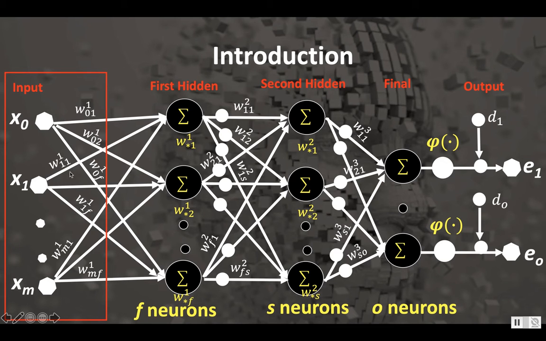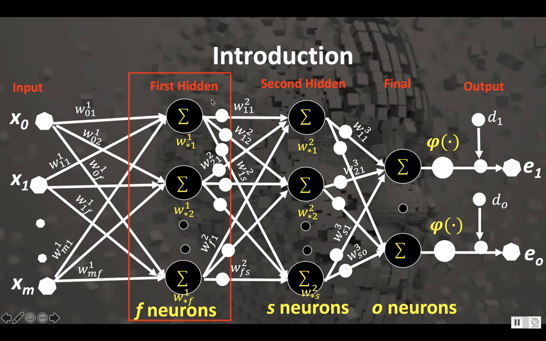And then we move to the first hidden layer. Assume we have f neurons. That means we have f black dots. Some of them are drawn small because I don't want to plot all f neurons here. And for any input, for example x0, its weight to the first neuron is w^1_01.